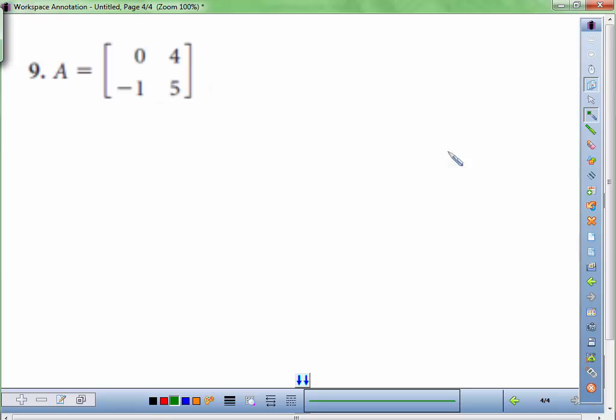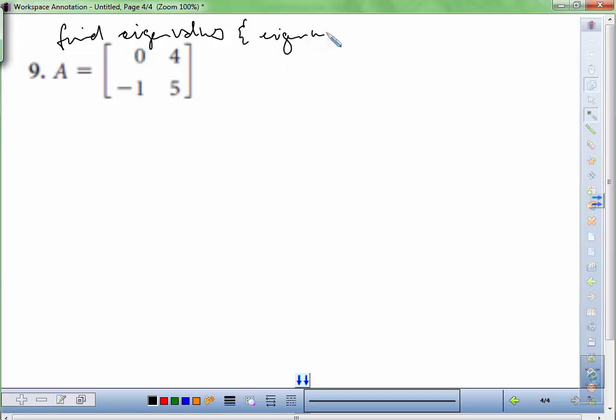So let's do this as an example where we have to find eigenvalues and eigenvectors. This time we don't know the eigenvalues or eigenvectors, so let's let the eigenvalues be lambda.